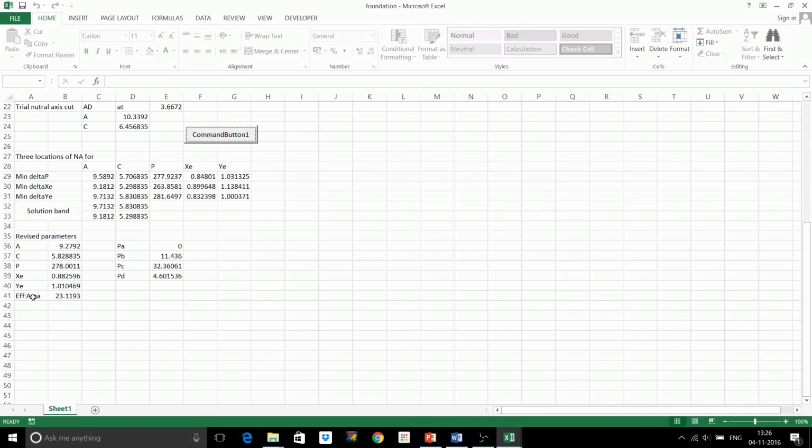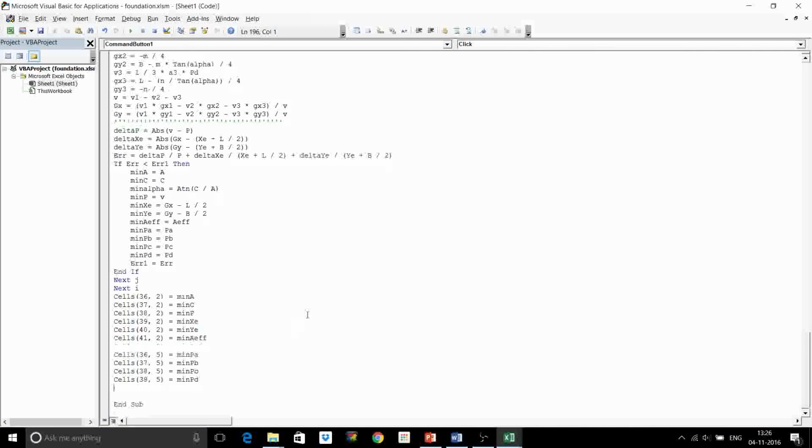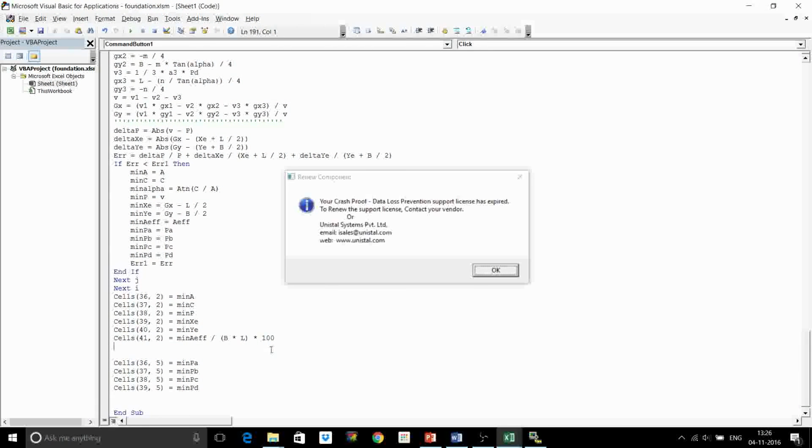But instead of effective area, we put effective area percent, divided by B into L into 100.